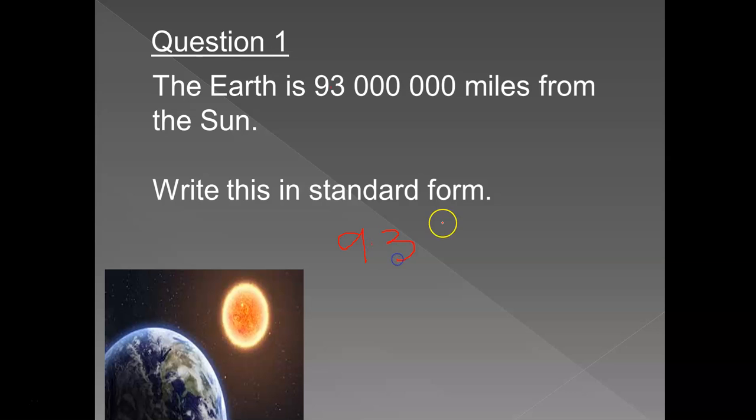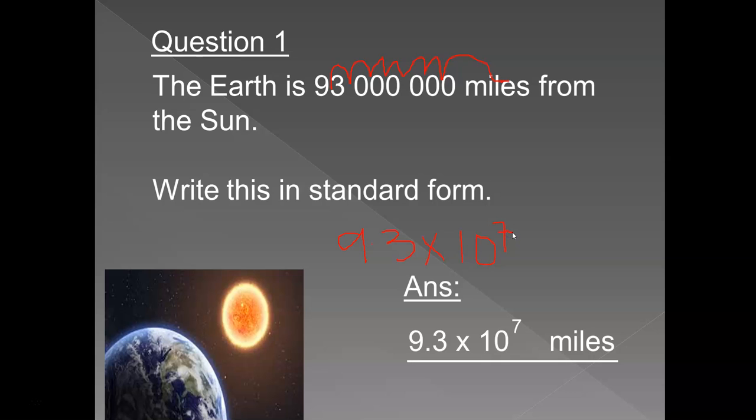And we know that should be multiplied by a power of 10. So let's count now to see how many places we would have moved the point. 1, 2, 3, 4, 5, 6, 7. So our power would be 7. So our answer would be 9.3 times 10 to the 7th power.